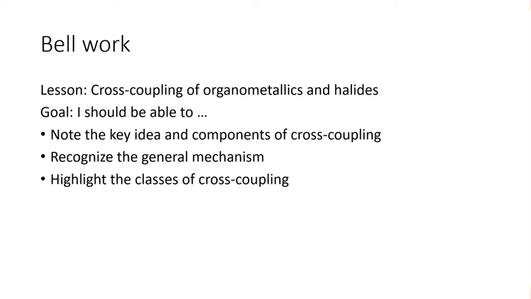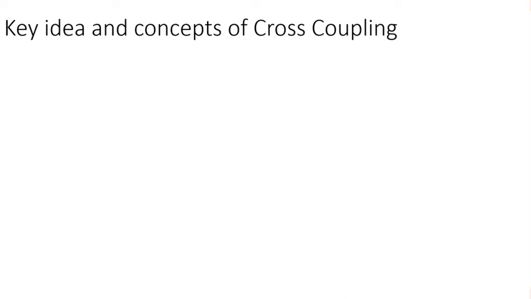So the next step is highlighting the key ideas and concepts of cross-coupling, and in here we're going to look first at the chemical reaction. In this case we have a specific form of R group bonding with a type of metal.